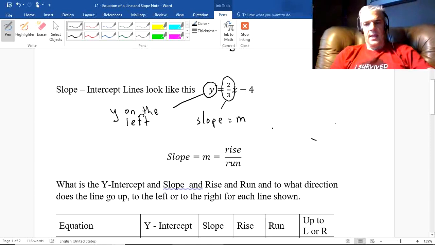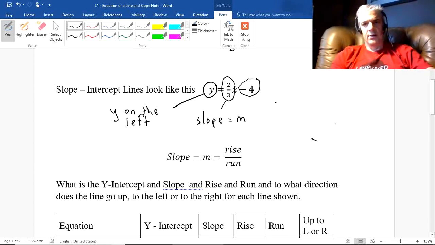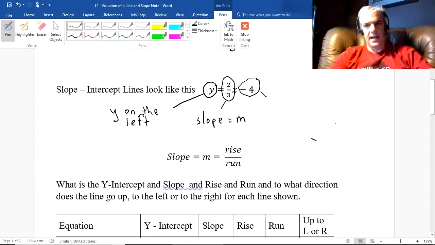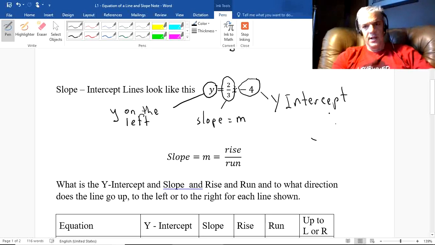And then finally, we have the number at the very end, which is your constant again. This particular number is referred to as the y-intercept. So you can see how this equation format gives us a lot more information. And we give a letter to this one too. We call it b.